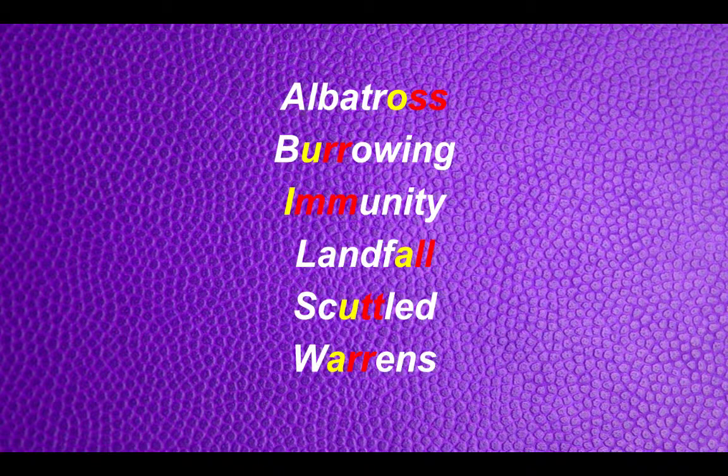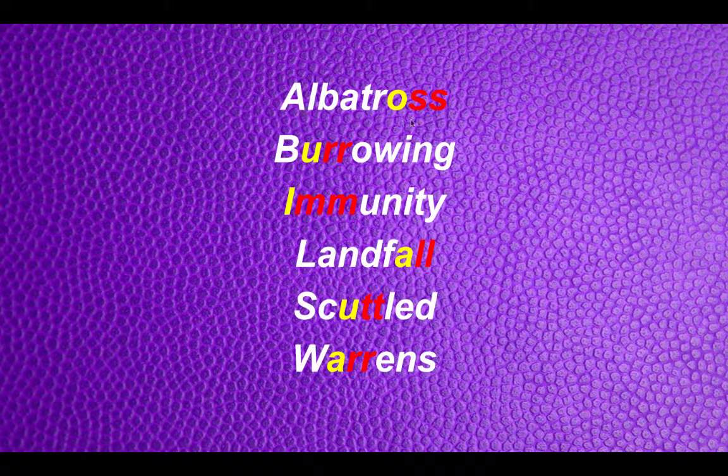And we're going to have a look at what happens with the vowel sound that comes directly before these double letter combinations. I've just highlighted them here for you to make it a little bit easier for you to see.